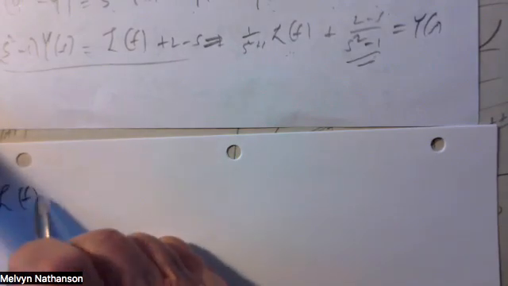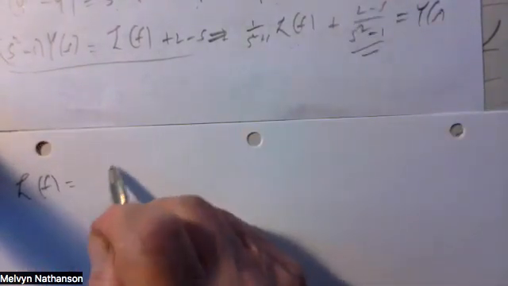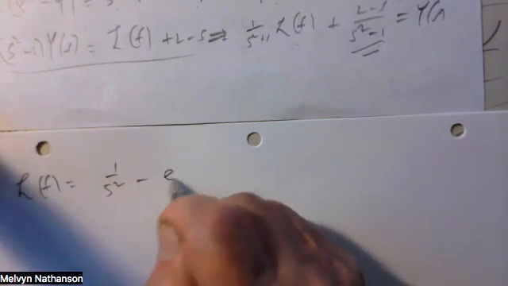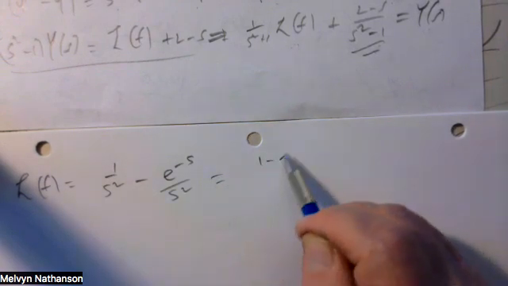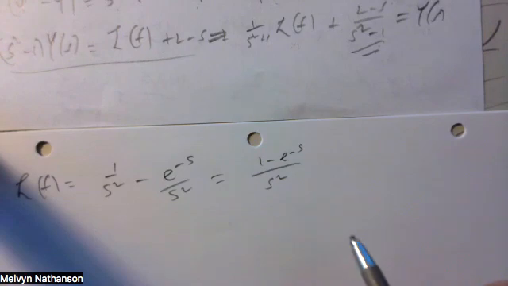Okay, so let's see how this works out. So I have the Laplace transform of f is equal to 1 over s squared minus e to the minus s over s squared. I'm just going to write this as 1 minus e to the minus s over s squared.